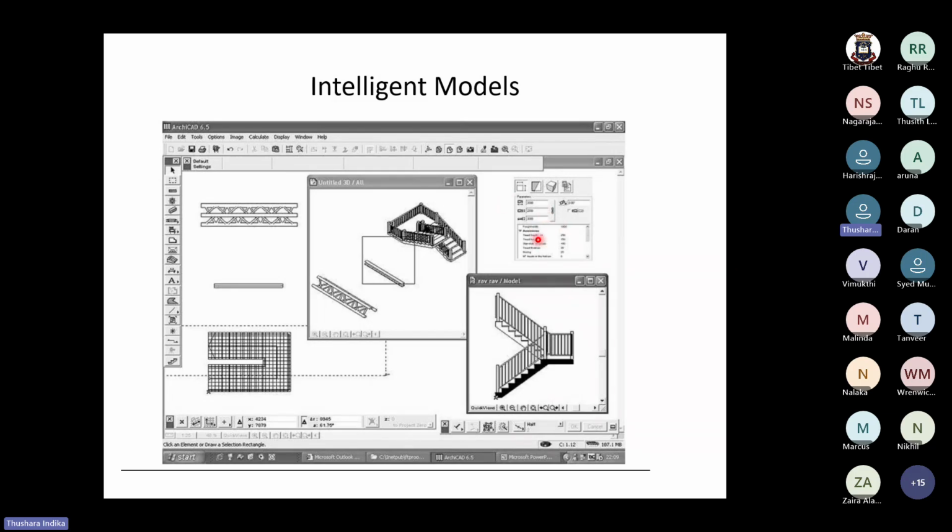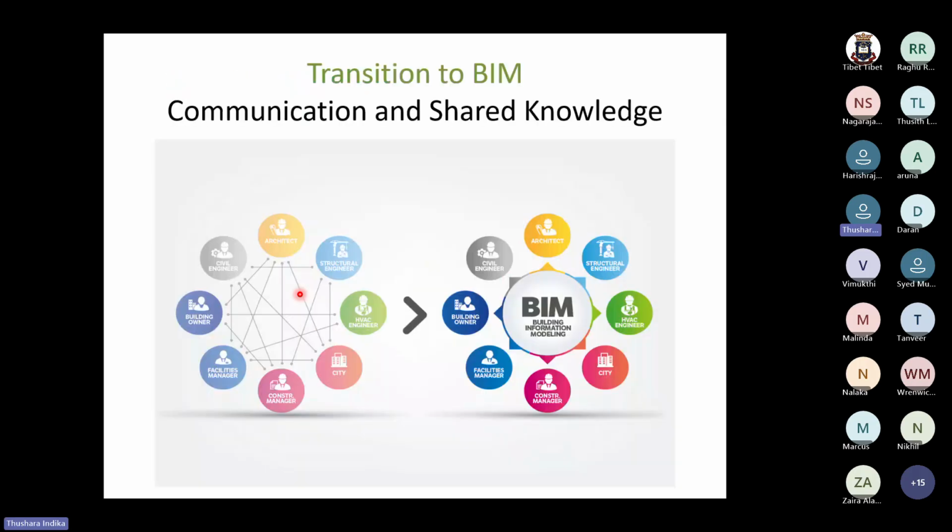And when you define the properties, the computer will generate it for you rather than you draw it. So that is the difference between a CAD system and parametric objects. So these are called intelligent models. Therefore, a CAD system is called an unintelligent model. You can get the computer to generate objects rather than draw them. Okay, so that is the thing.